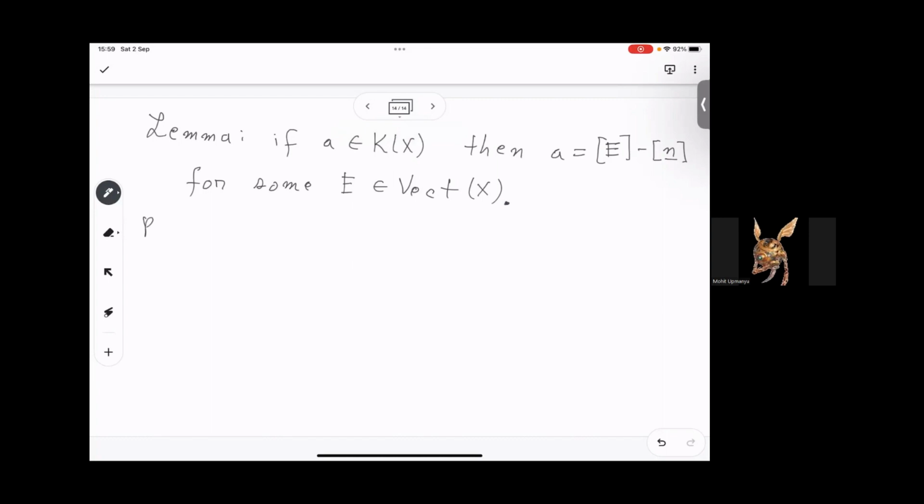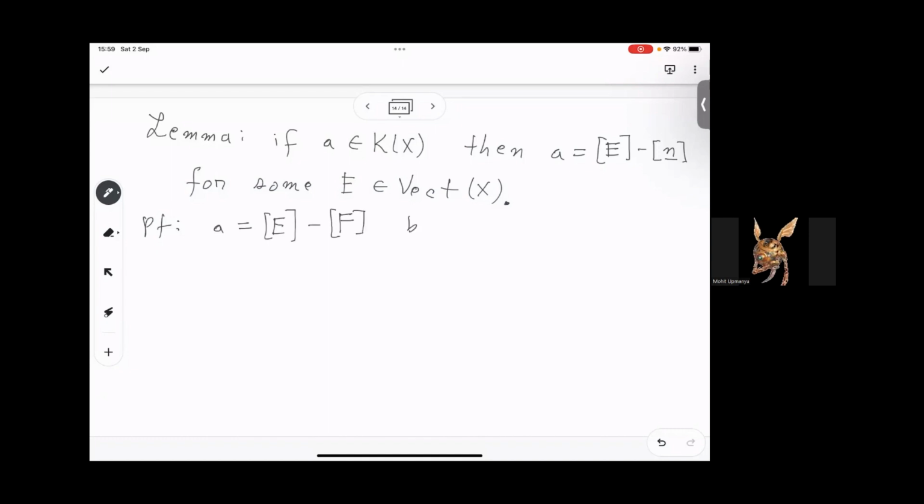The proof is kind of easy, right? We know that every element A looks like E minus F.